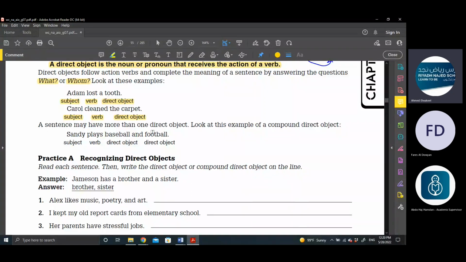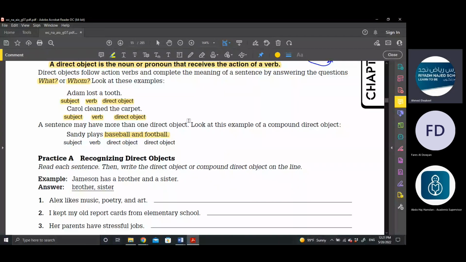Sometimes we can have a compound direct object. For example, when we say Sandy plays baseball and football, one subject performs one action verb, yet two direct objects receive the action verb, as Sandy plays both football and baseball. So pretty easy.